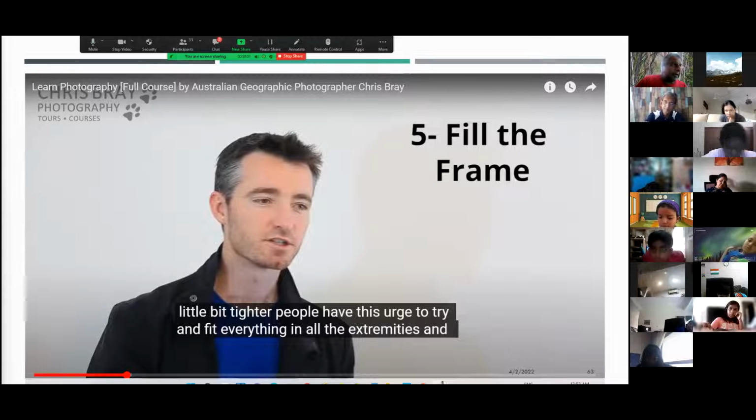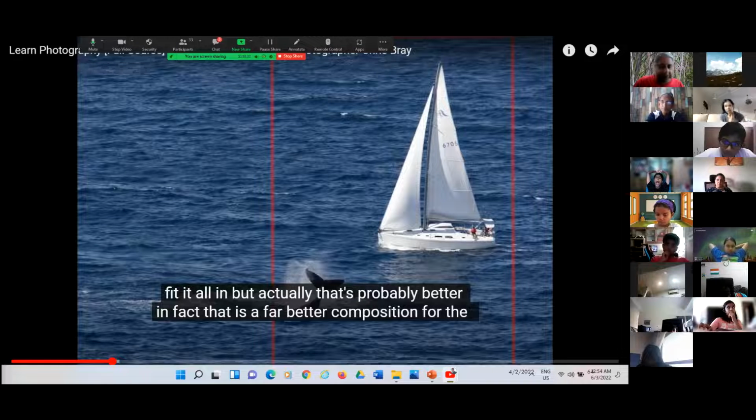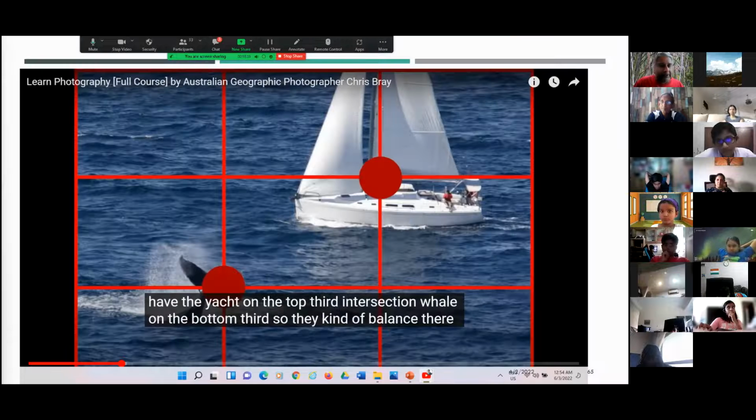Tip number 5, filling the frame. For a better composition and making the picture more interesting, take for example here is a picture of a boat and a whale, right? Normally, when we take a photograph, we would take the whole picture. We want to show the sea, we want to show the ship, we want to show the tail of the whale. But what professionals say is it's best not to show the whole picture.